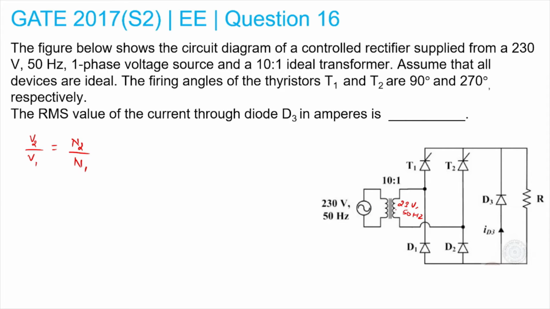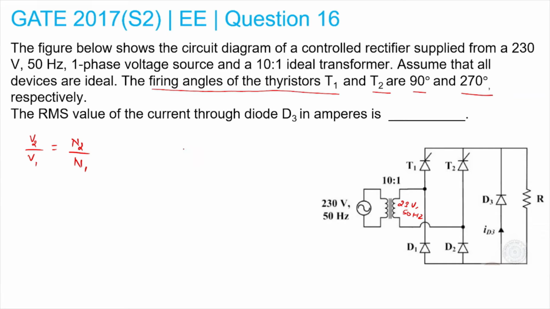So this much part was straightforward. They just wanted to check your basic concepts of transformation ratio. After that, this problem is based on the single phase rectifier only. Now, it is saying to assume that all devices are ideal and the firing angles of the thyristors T1 and T2 are 90 degree and 270 degree.